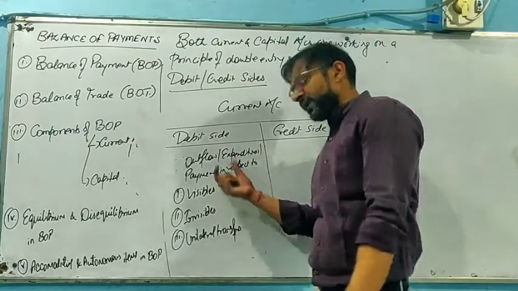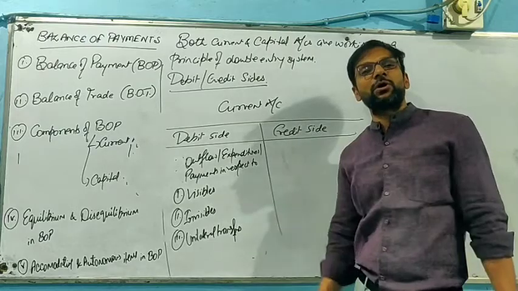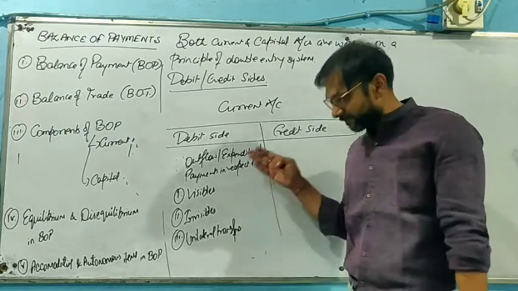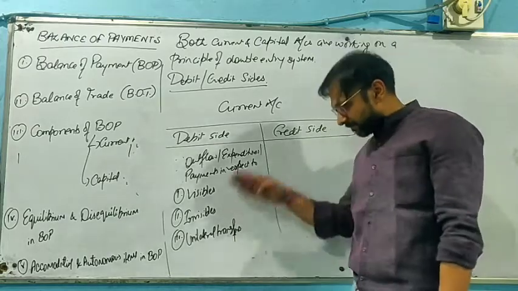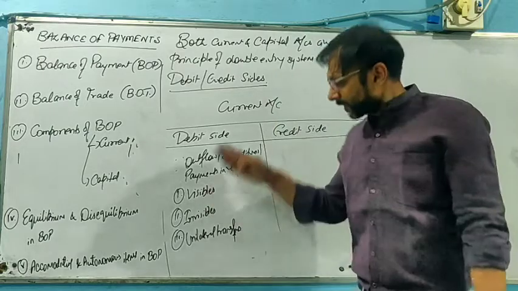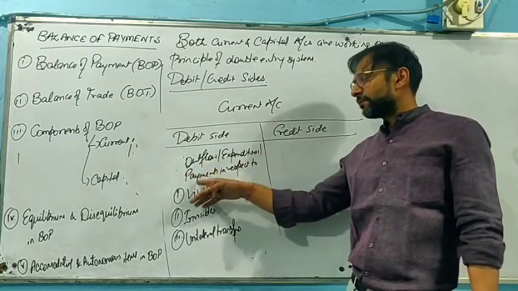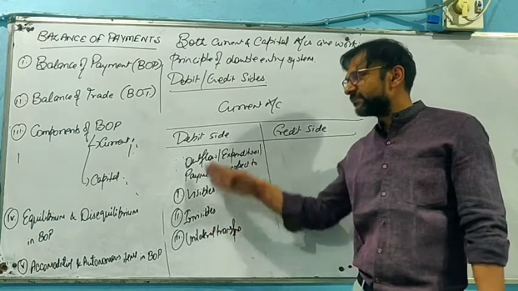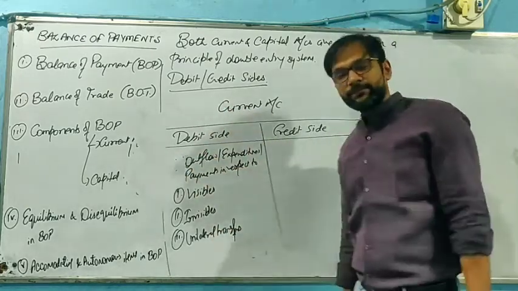It means if we are purchasing any capital goods or consumer goods, if we are making a payment for the services, if we are making unilateral transfers abroad, all such outflow, expenditure or payment in respect of these three items will be shown on debit side of current account.